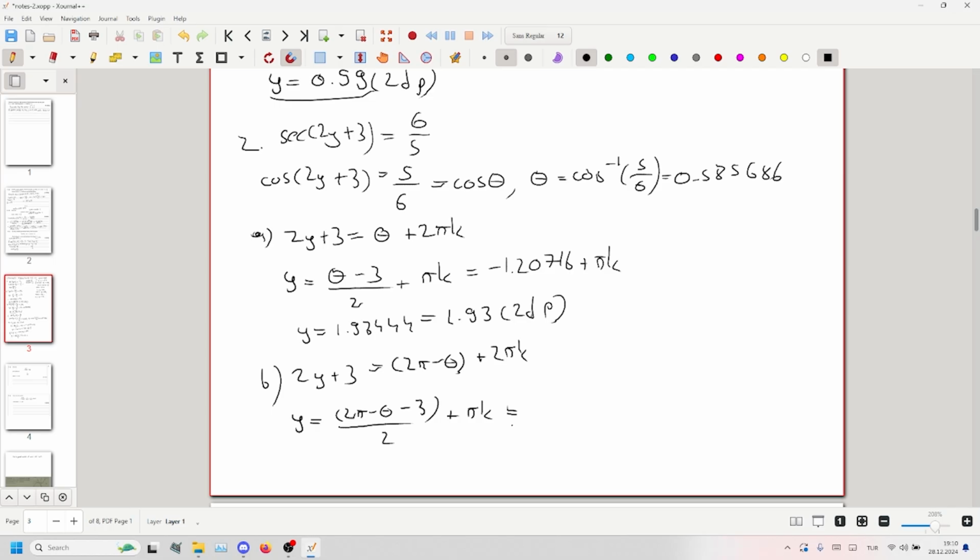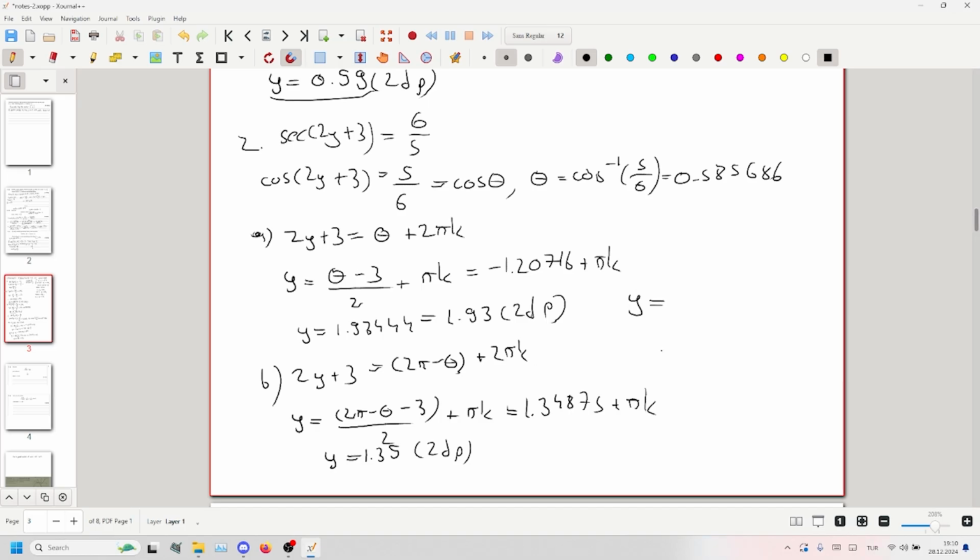So that's 2 pi minus the value of theta we calculated, which by the way is the inverse cosine of 5 over 6, minus 3 divided by 2. That gives us 1.34875 plus pi k. Now this value is in the range we want, so we can say that y equals 1.35 to 2 decimal places is a solution.